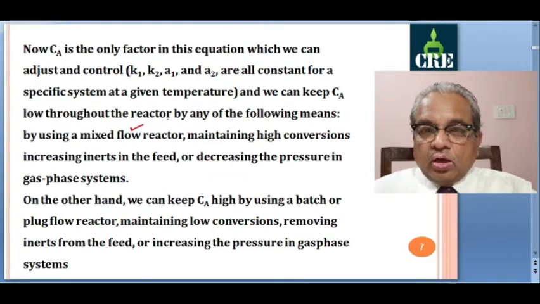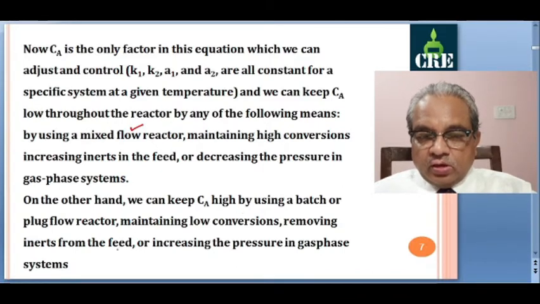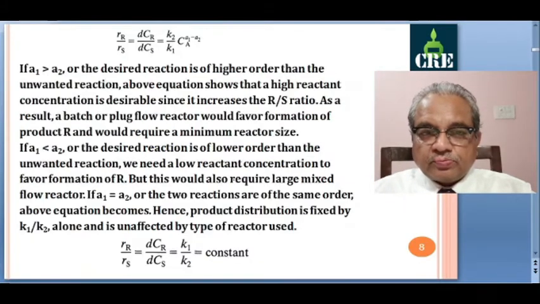So the two ways we can manipulate Ca are to keep it low throughout or to maintain it high. For low, we prefer a mixed flow reactor with high conversions, more inerts in the feed, and decreased pressure for gas phase systems. For high Ca, we use a batch or plug flow reactor, low conversions, removal of inerts from the feed, and increased pressure in gas phase systems.